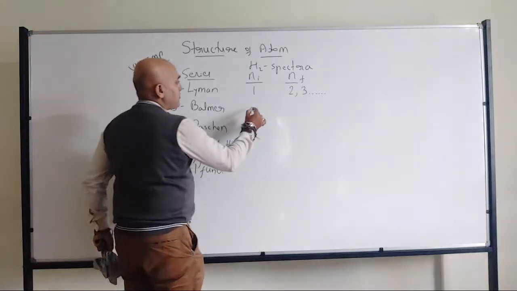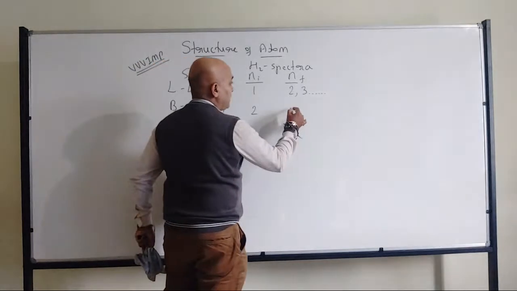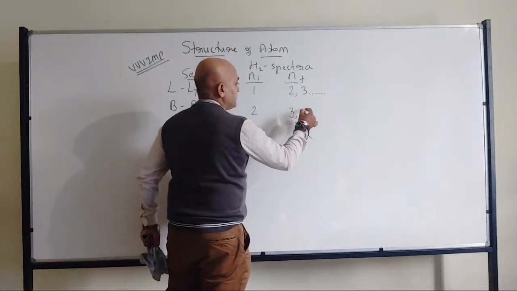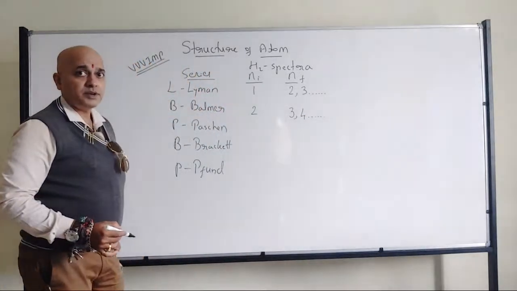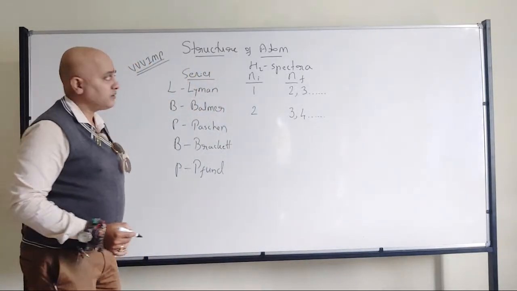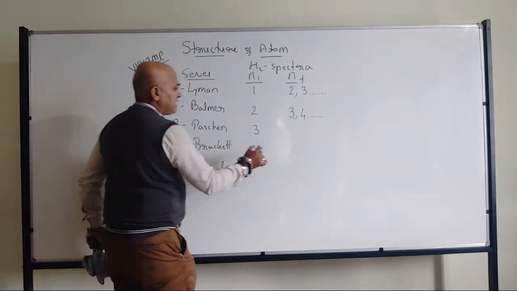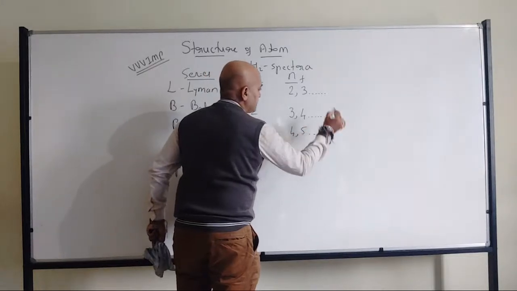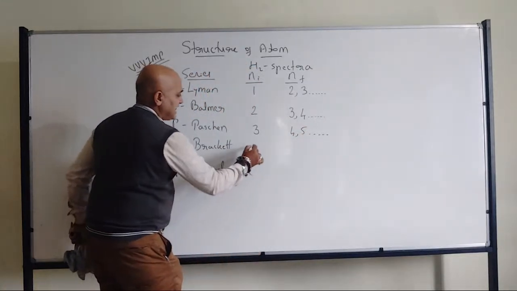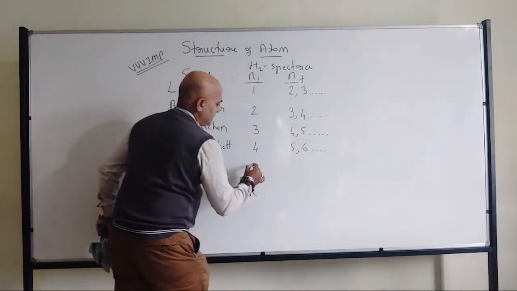Now when it comes to Balmer, energy level 2 will be the initial energy level. Final energy level can be 3, 4 or it can be anything. But it should not be 2. Okay? Now energy level 3 in case of Paschen, it will be 4, 5 and it goes on. Same logic, 4 here, then 5, 6, it can be anything.